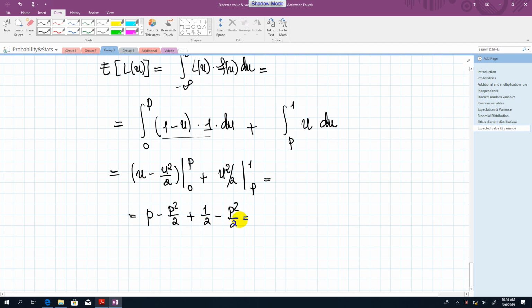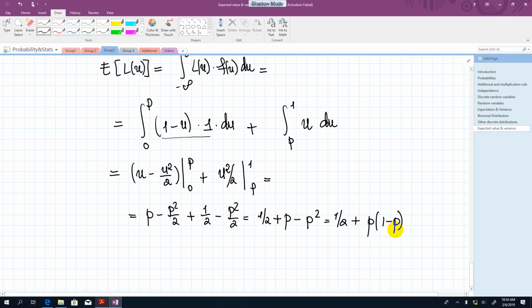So the answer will be 1 over 2 plus P minus P squared. I think this is like this.